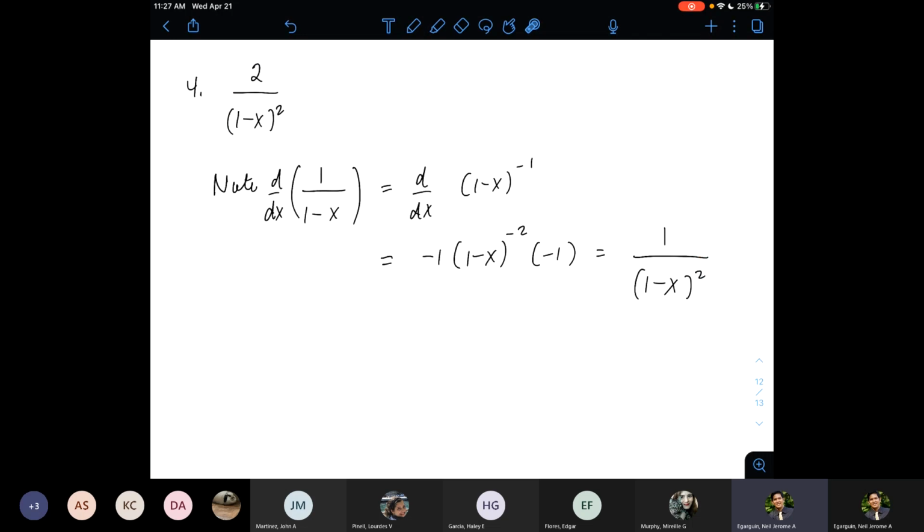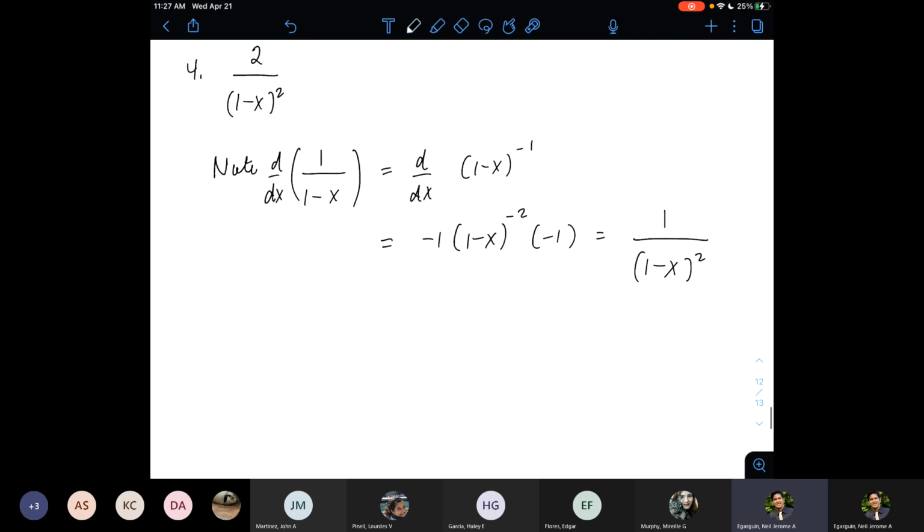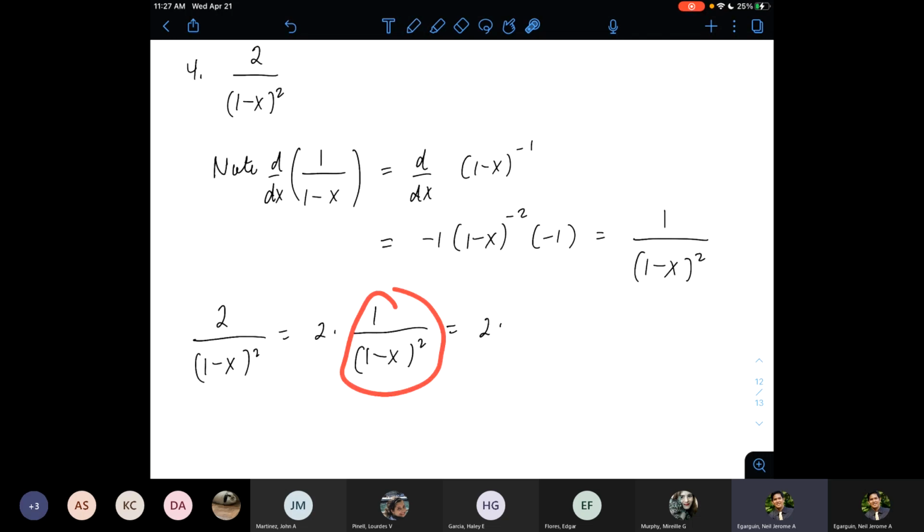Except that you need to multiply it by 2. So in order to get 2 over 1 minus x squared, that is 2 times 1 over 1 minus x quantity squared. But we knew that 1 over 1 minus x quantity squared is the derivative of 1 over 1 minus x.